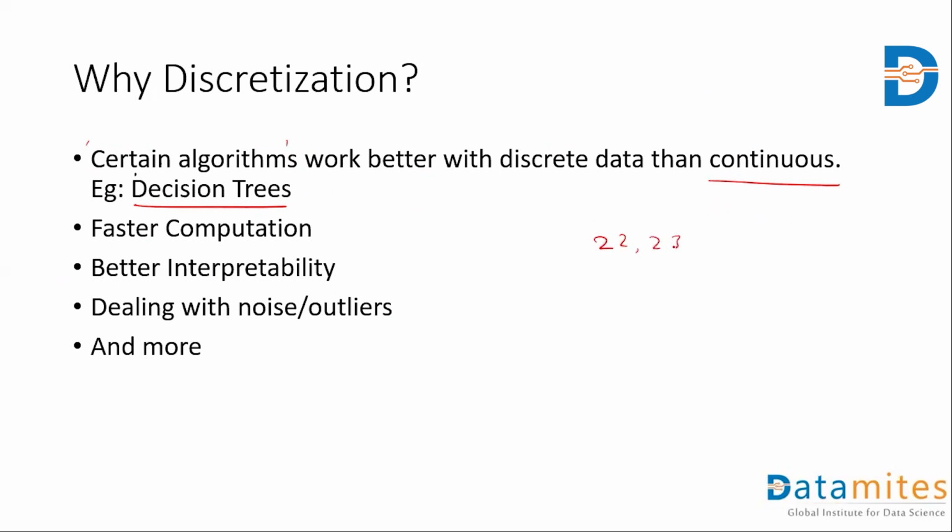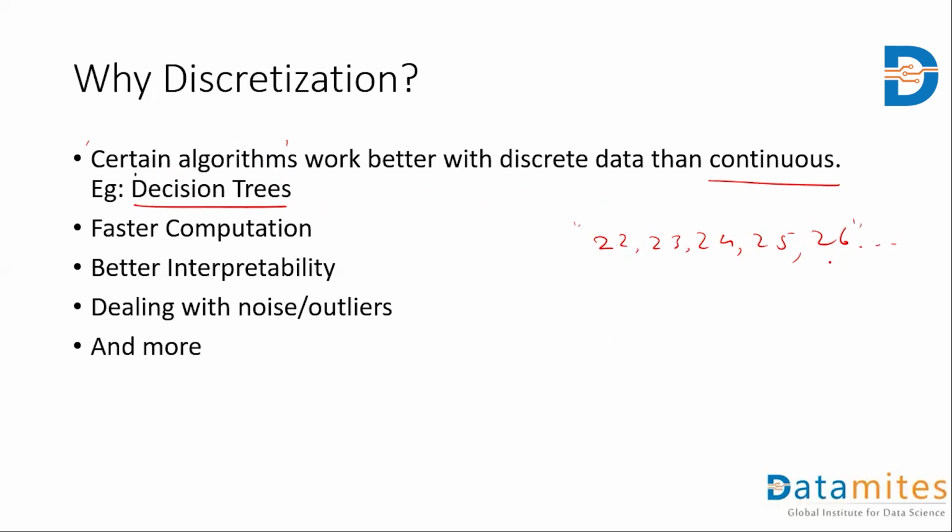I have 22, 23, 24, 25, and so on. So in order to figure out what is the best split, my decision tree algorithm will have to create these many splits and compare the information gain or Gini index or whatever is the parameter over there, right?